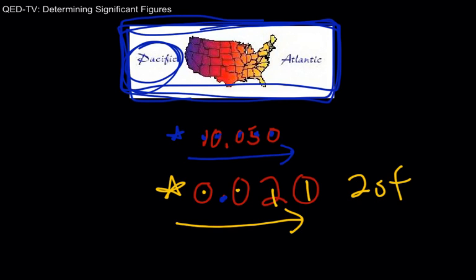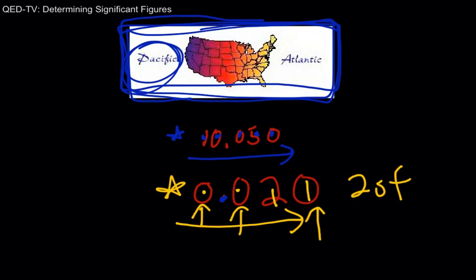You'll notice in this measurement, these 2 zeros here are not significant. They're not actually part of the measurement. They're just placeholders is all they are. But this 0 is significant. Otherwise, why would we have written it down? Why wouldn't we just say 0.02? Well, we actually know that this 0 here happens to be an estimate in the measurement.